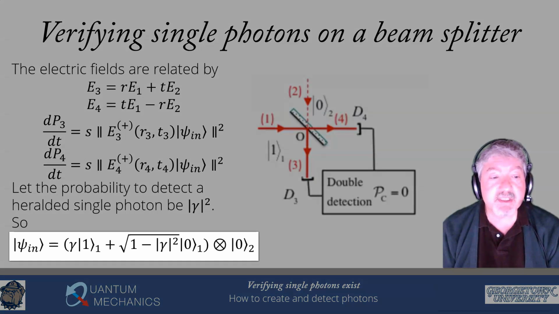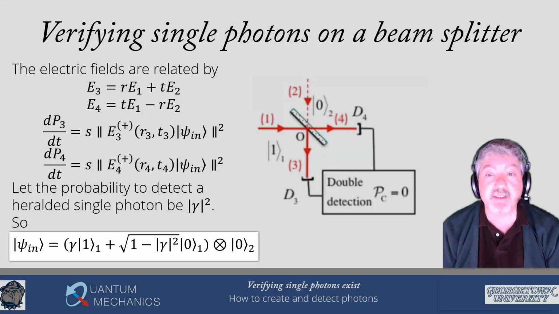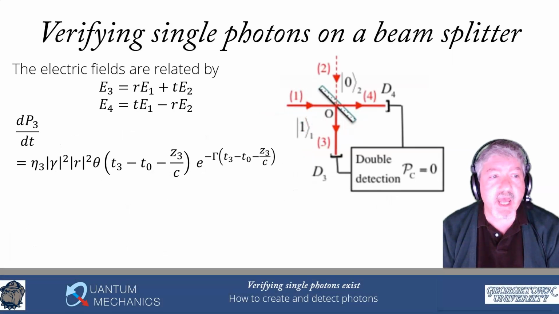Then our input state is gamma times the 1 state plus the square root of 1 minus modulus of gamma squared times the 0 state, tensor product with a 0 state in port 2 because we're not bringing any photons in on port 2. We can now use this to calculate the probability rate in channel 3.